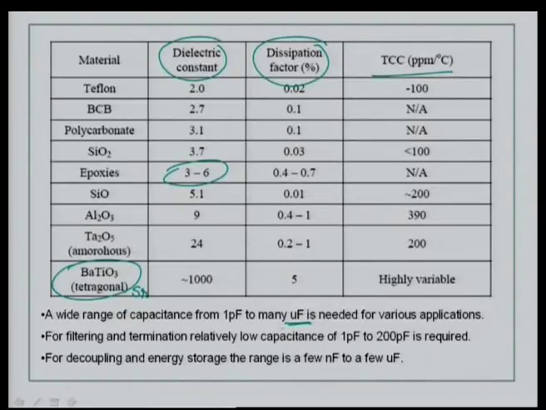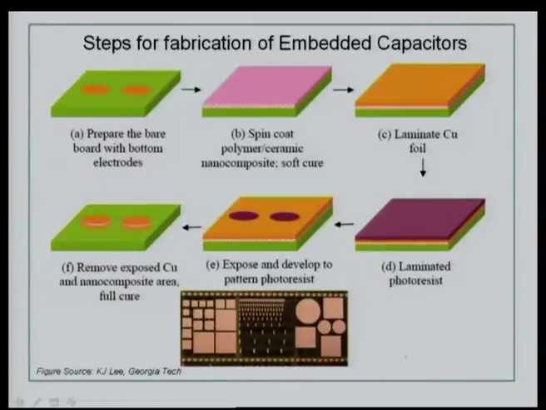Now, filtering and termination capacitors typically require low capacitance of 1 picofarad to 200 picofarads. So, accordingly you can synthesize. Then for decoupling and energy storage, the range of capacitances varies from a few nanofarads to a few microfarads. So, with trial and error you can in fact vary the properties by varying material usage.